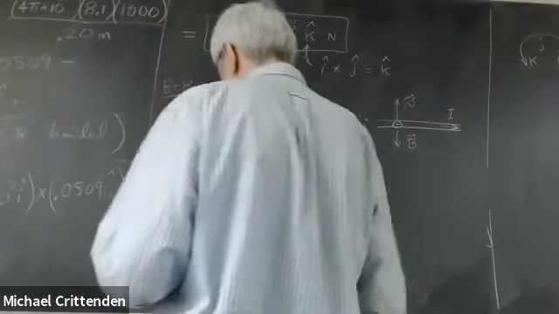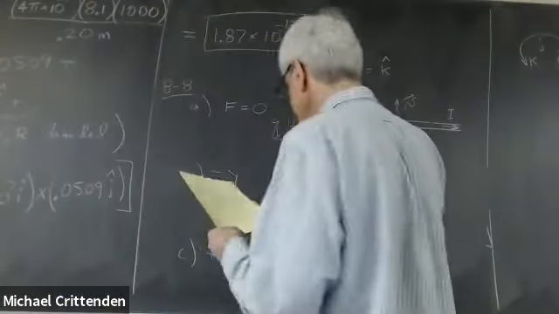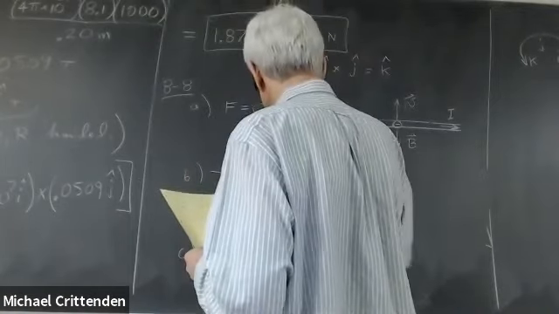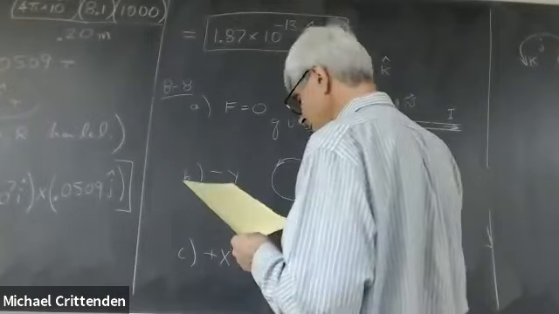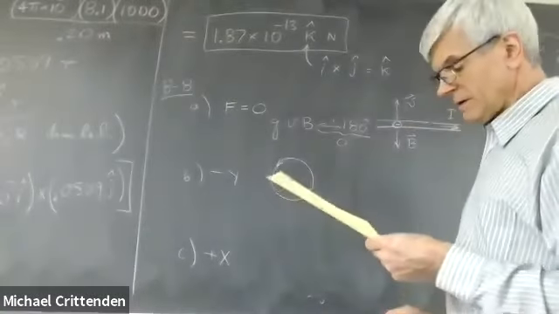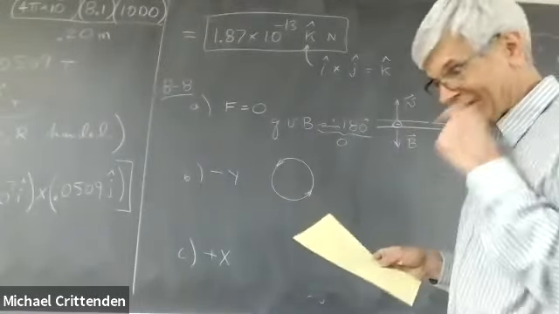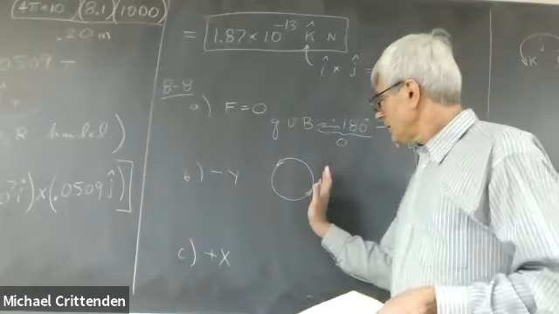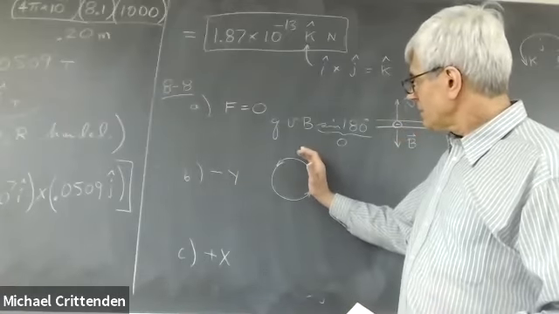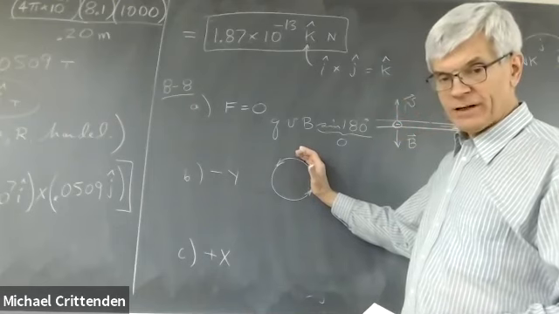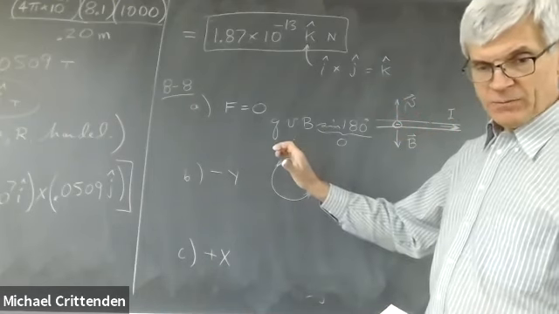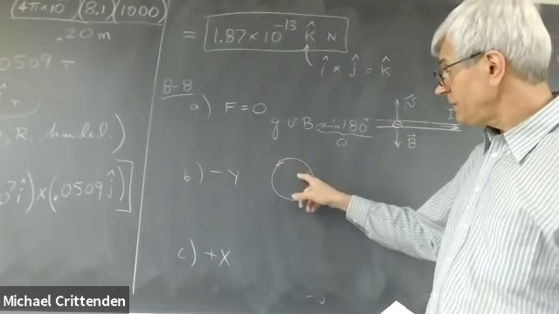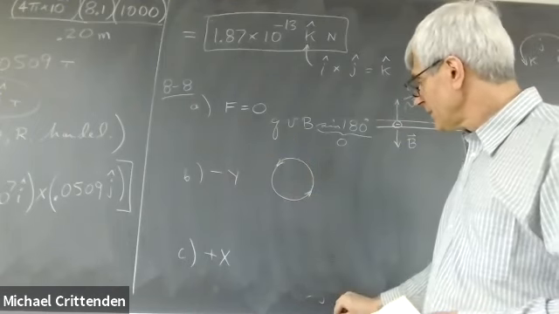So for the direction of the field, if you've got a current going around counterclockwise like that, you grab the coil with your right hand, fingers pointing in the direction the current flows, and your thumb points in the direction of the field inside that coil.